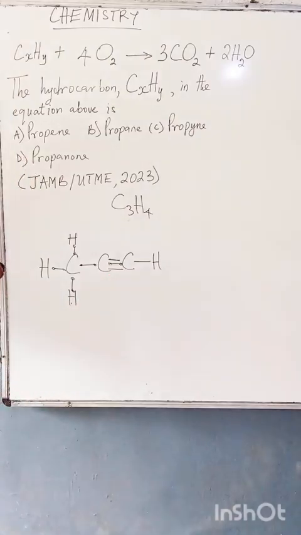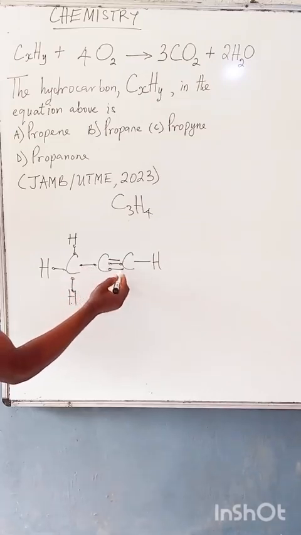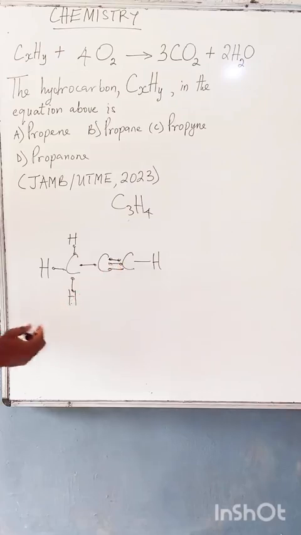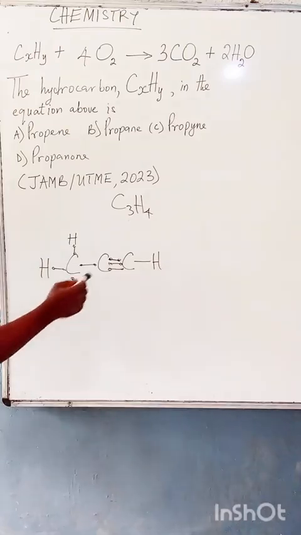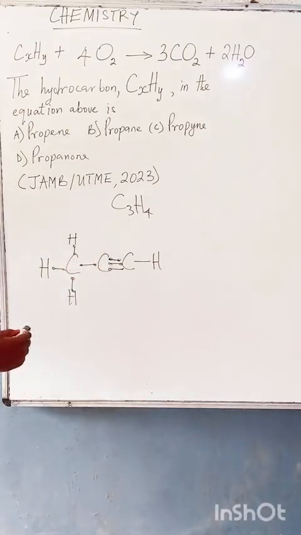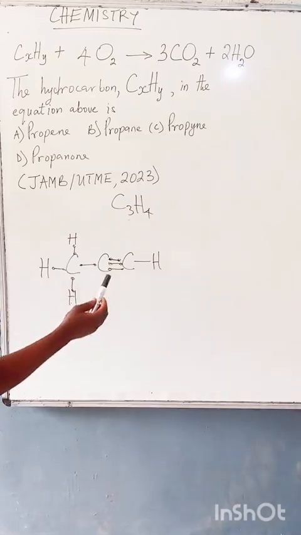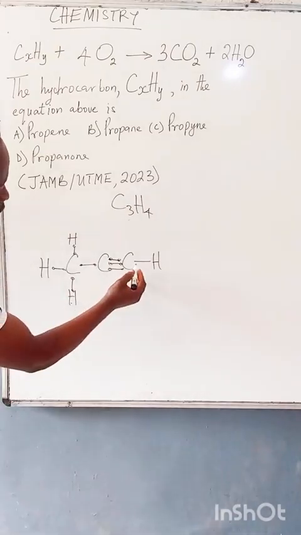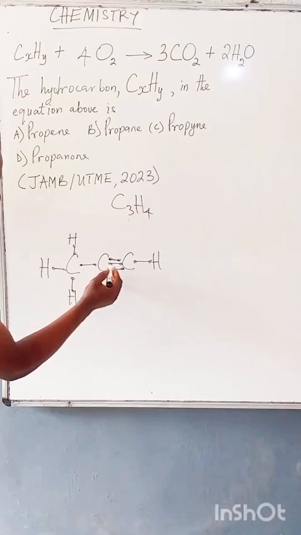That is a triple bond. Let's check again. 1, 2, 3, 4, 5, 6, then 7, 8. How many electrons are around this carbon atom now? 8. So it's stable now. It's satisfied. What about this other carbon? Please help me count. Go ahead: 1, 2, 3, 4, 5, 6, 7, 8.